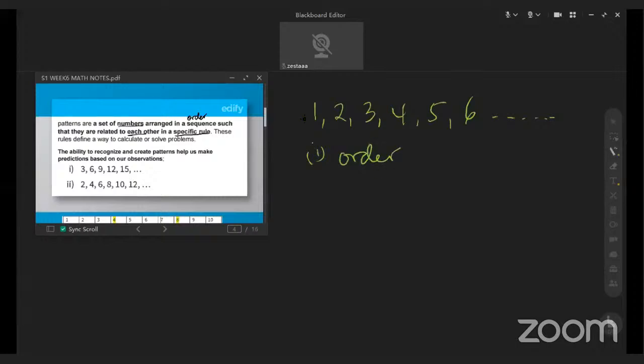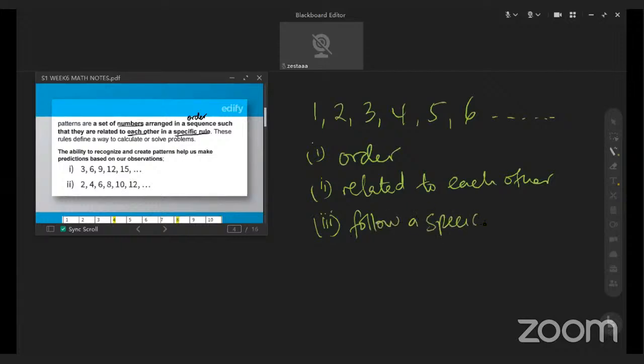They are related to each other. That's the second thing. And the third thing about these numbers is that they have a rule. They follow a specific rule.